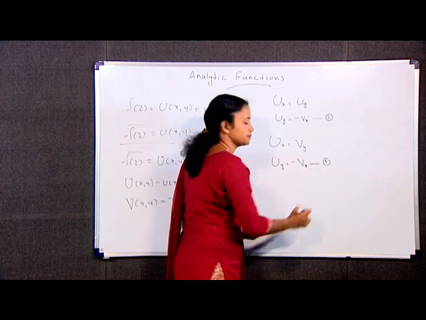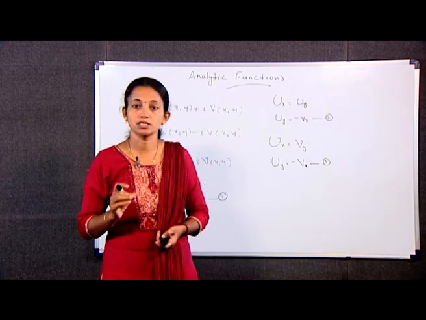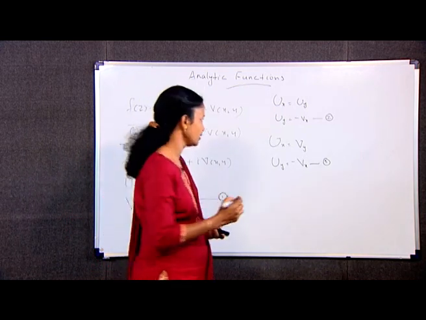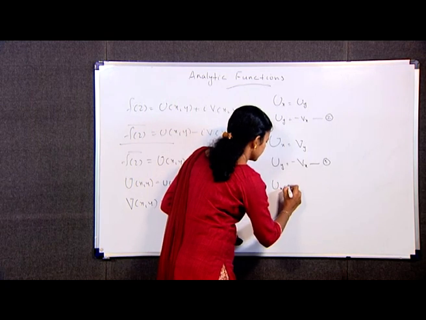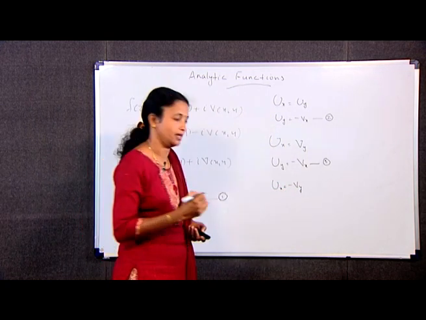Equation number 3. In view of relations 1, equations 3 can also be written as ux is equal to minus vy and uy is equal to vx.